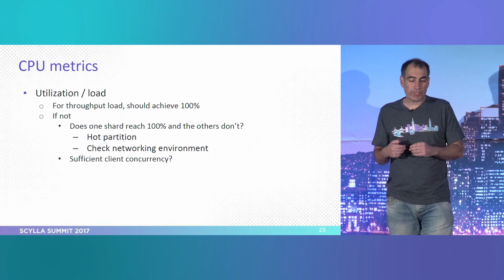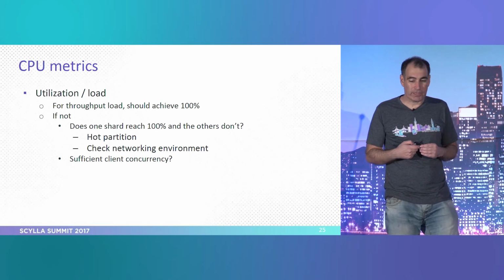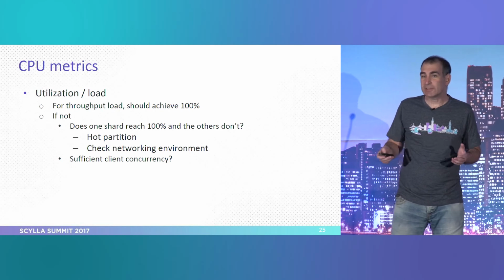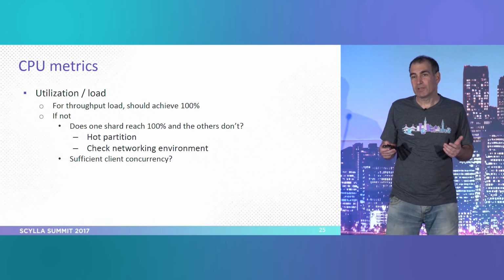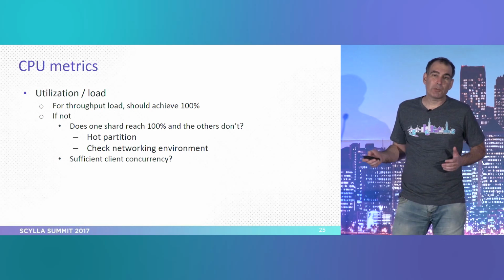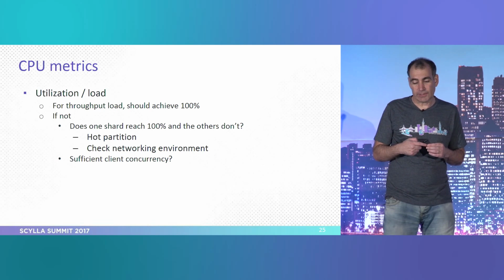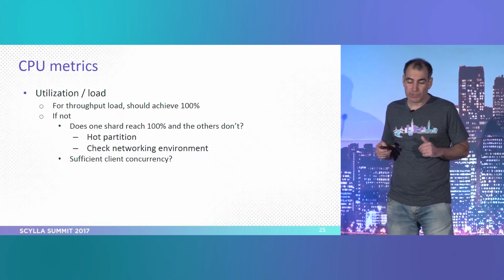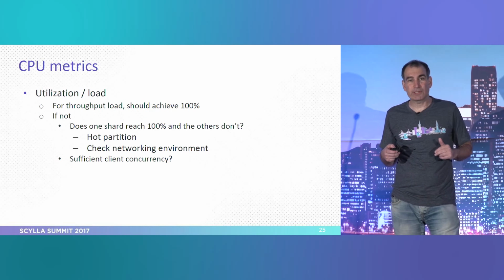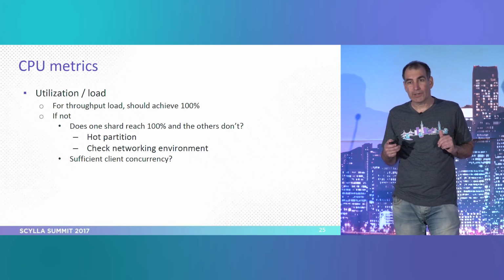So CPU metrics. If you have a high throughput load, many applications are really latency sensitive, but there are also some that deal with ingest, that need to ingest a lot of data, and you really want to push the cluster as fast as it goes, and you don't care very much about latency. So for those types of loads, you want to achieve 100% load. And if it doesn't, then you want to understand why.